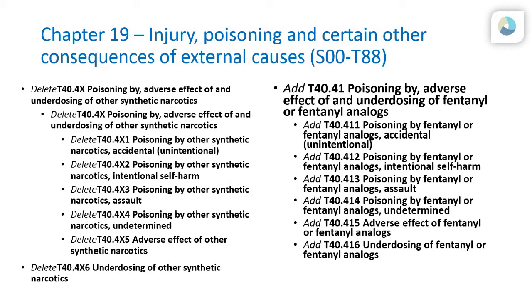They've deleted all of these codes on the left, and they've added a section T40.41, poisoning by adverse effect of and underdosing of fentanyl or fentanyl analogs, and then broken it out into the standard codes for poisoning that we know: accidental, intentional harm, assault, undetermined, adverse effect of fentanyl, and then underdosing of fentanyl. They've added as well.